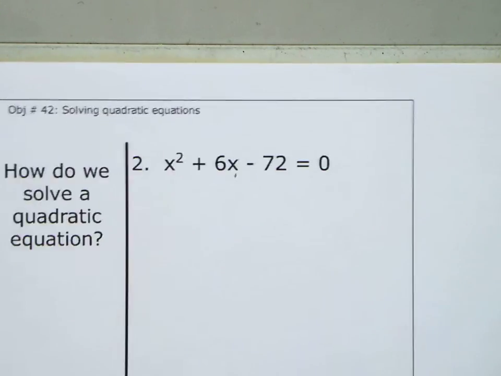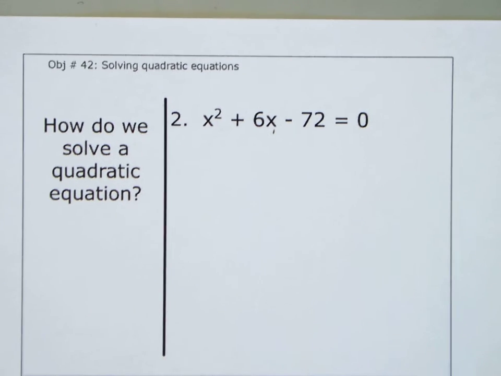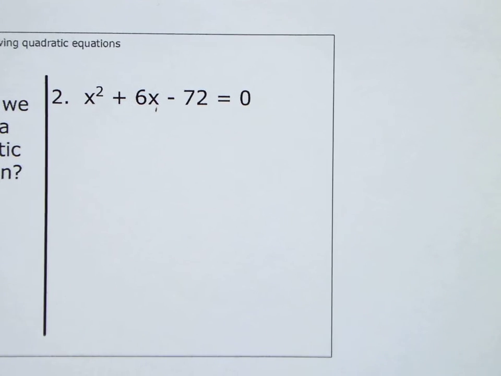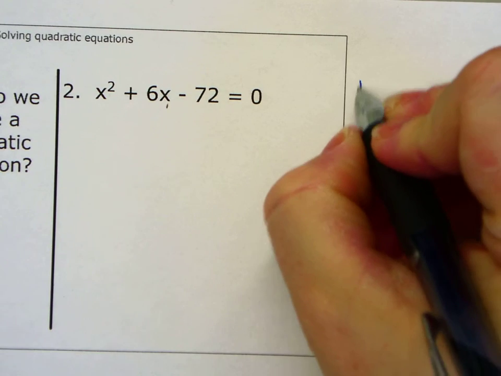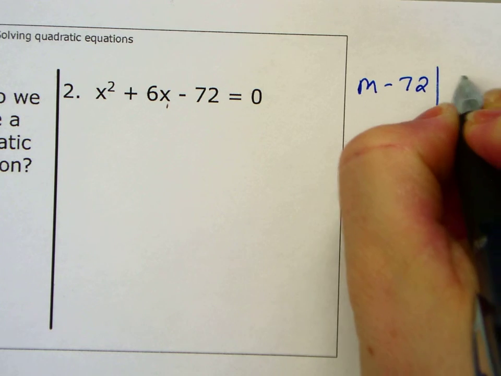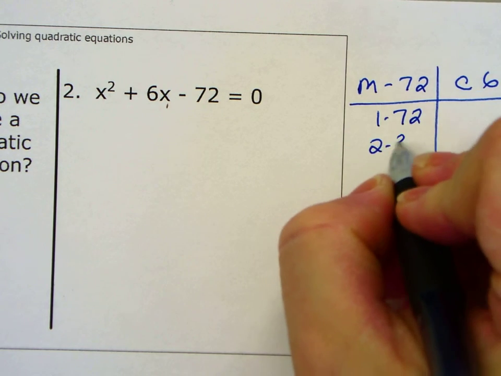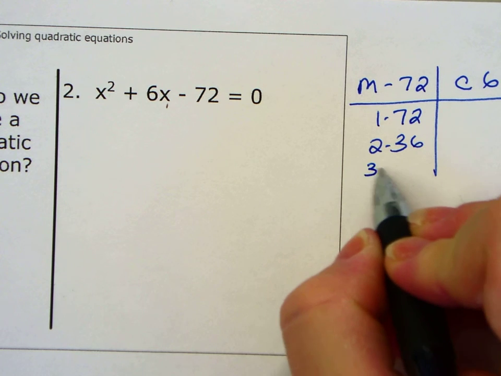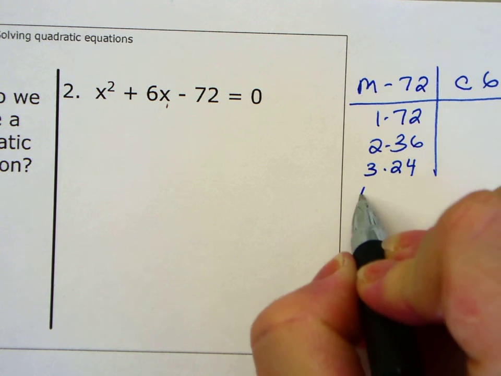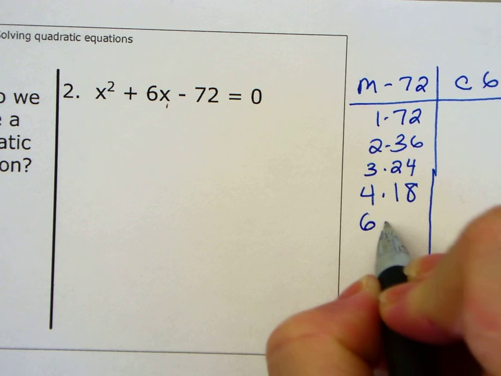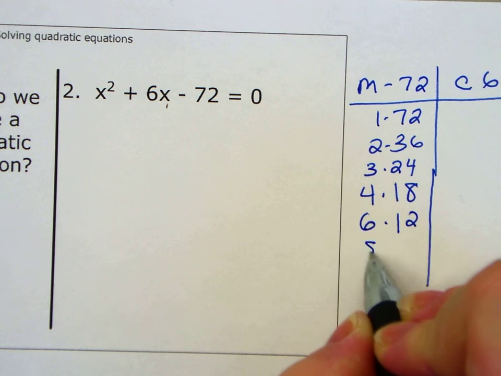All right, number 2, same idea. Factor it. So start by factoring it, do it on your own. Pause the video and factor it. All right, so we're multiplying to negative 72 and combining to 6. 1 times 72, 2 times 36, 3 times 24, 4 times 18, 6 times 12, and 8 times 9.